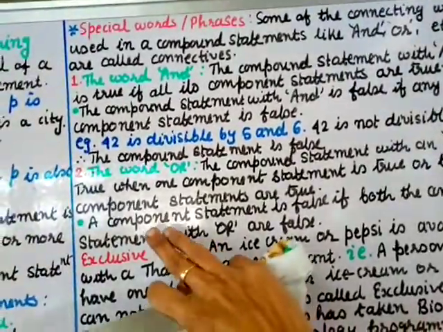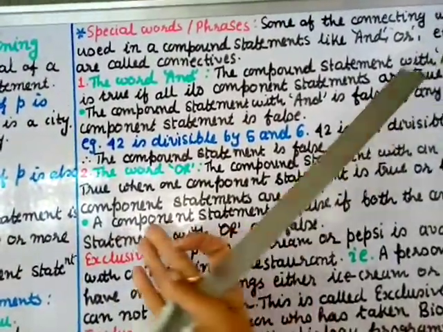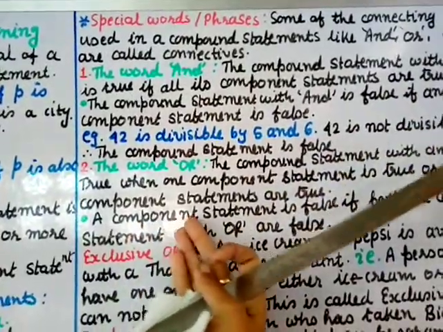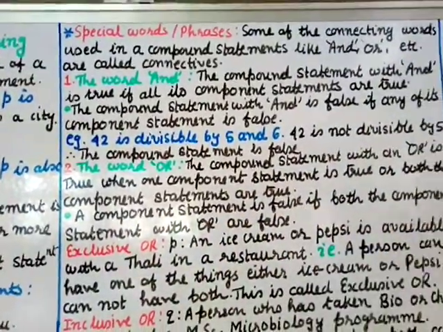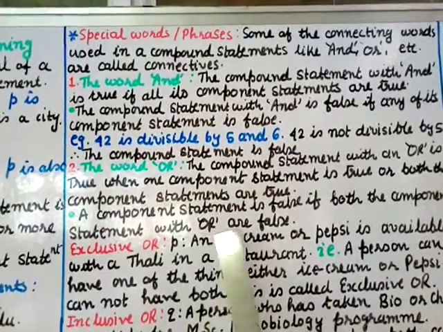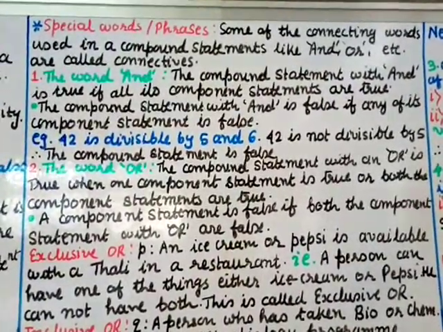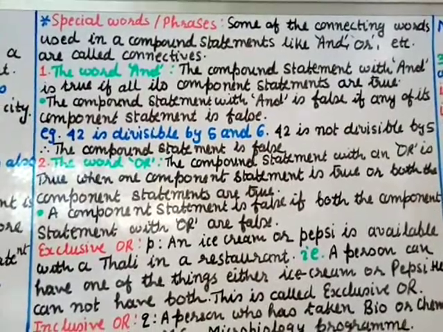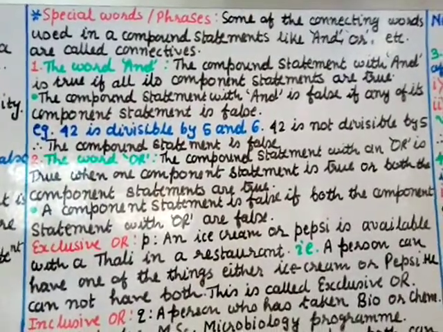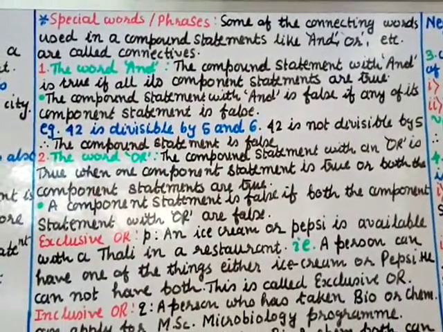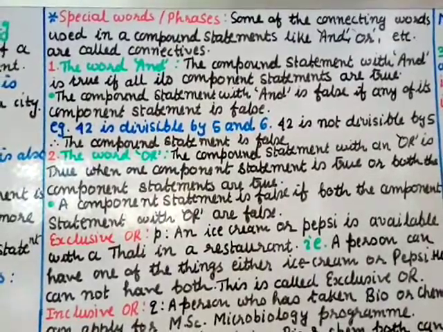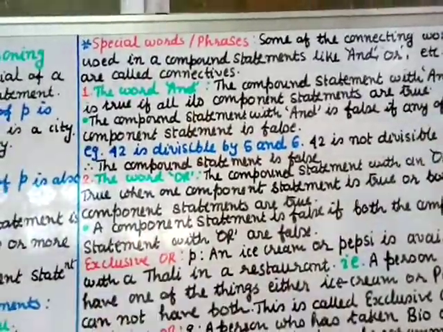This should be compound, not component, so you write: compound statement is false if both the component statements with or are false. So if those two statements are false, since usually or has only two statements, then the compound statement is false. Correct this as compound statement.